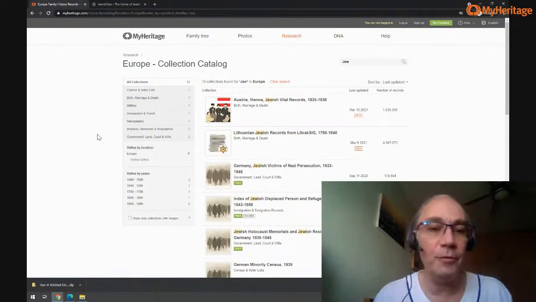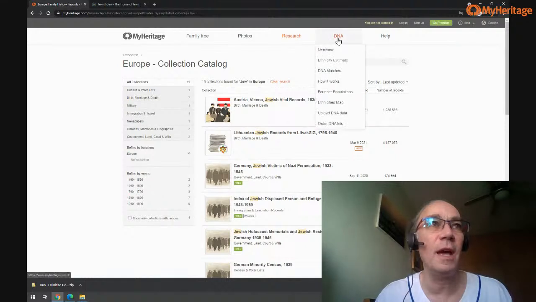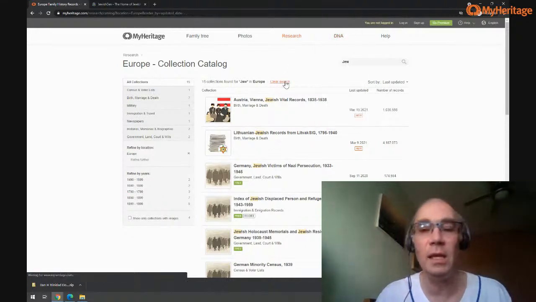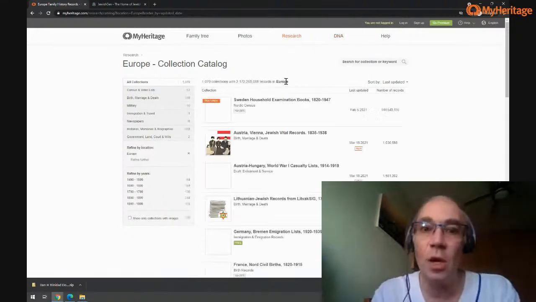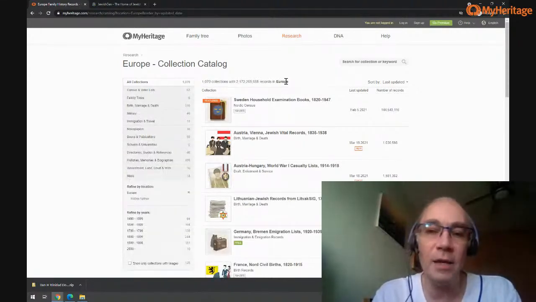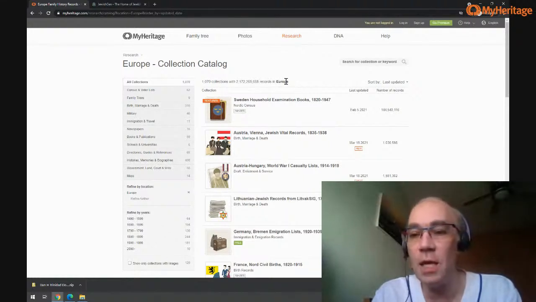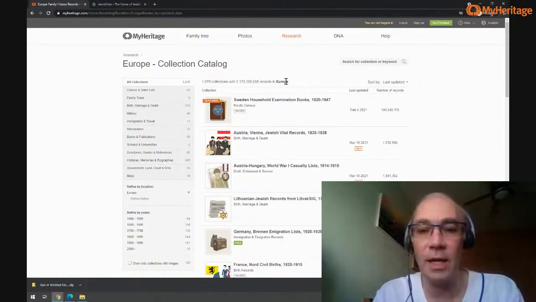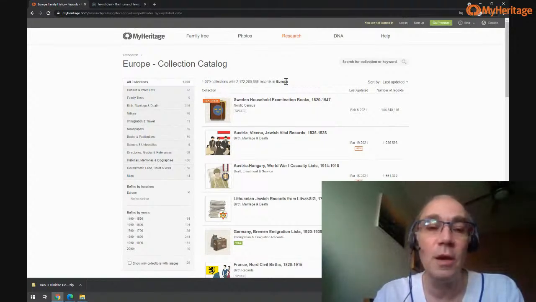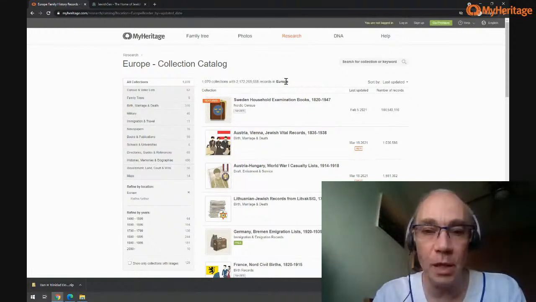Also, before I pass to Esther and to Eli, you need to take into account that the MyHeritage DNA section will give you 5 different ethnicities for the Jewish DNA. Most of the companies out there will talk about Ashkenazi and Sephardic, but MyHeritage also will identify if you are from the Yemenite origins, from the Middle East origins, or from the Ethiopian origin.